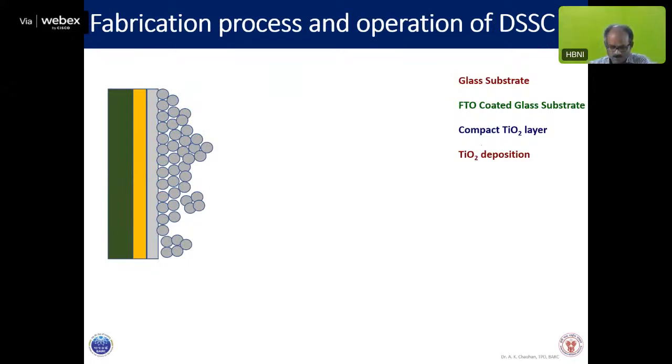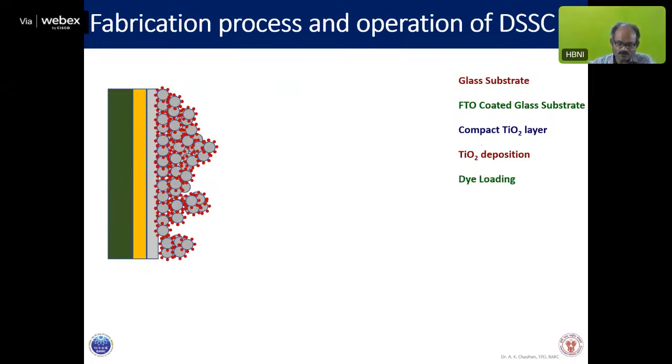optimized time. Then, in the ideal case, let us imagine your entire TiO2, all these surfaces, have been deposited with dye. So all the surfaces are now covered with the dye.